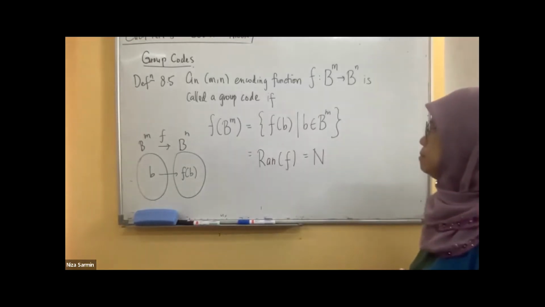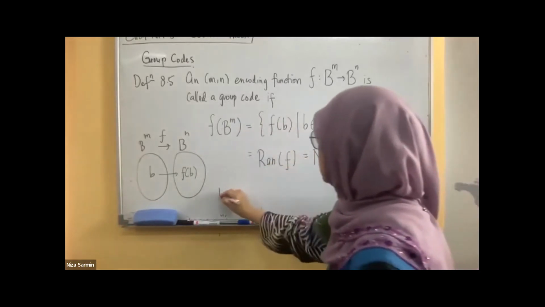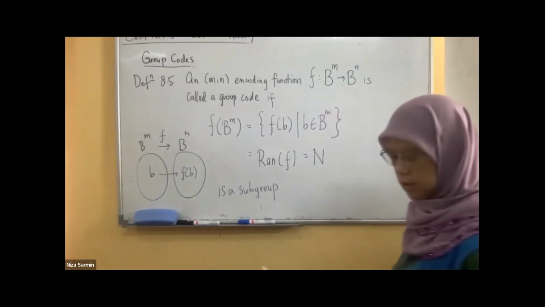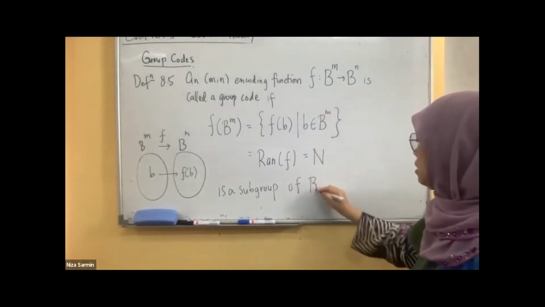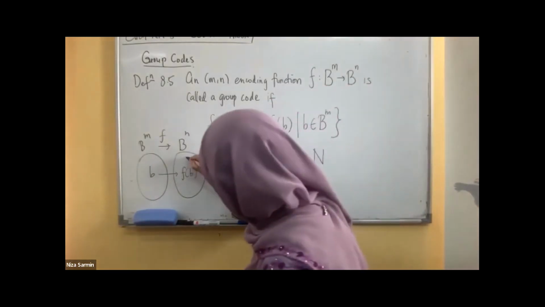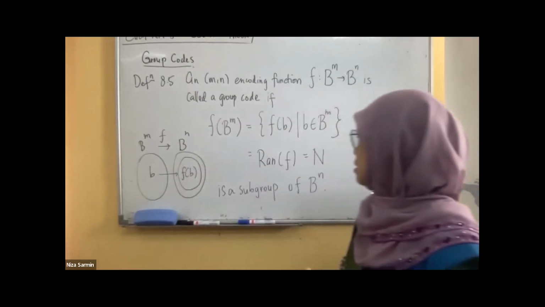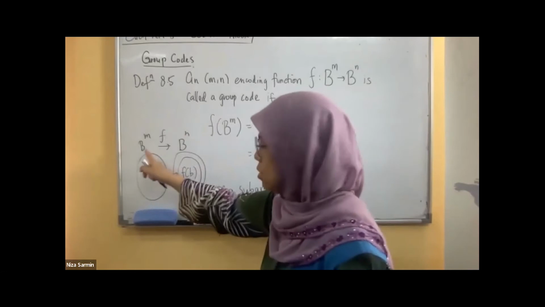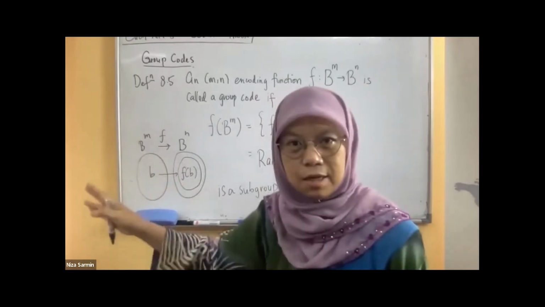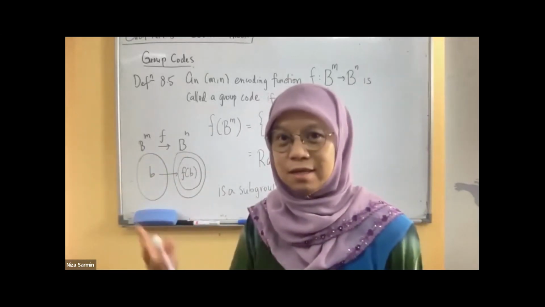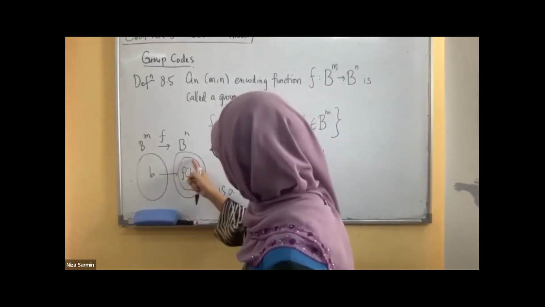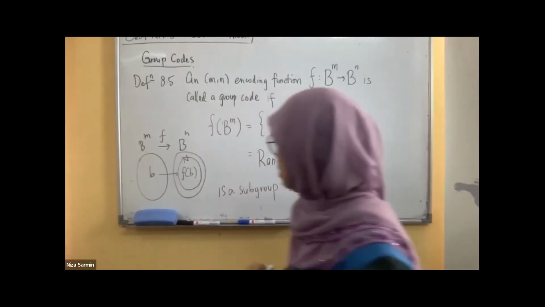We call it N. You see this? This one is the range. You know function means every element in here has to have an image, right? That is the definition of a function. And from there, you can get what we call N, the range.